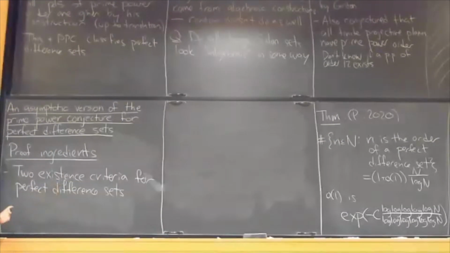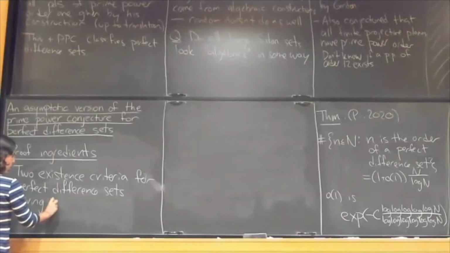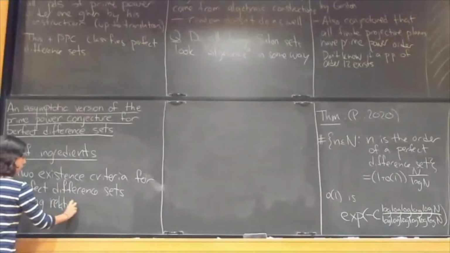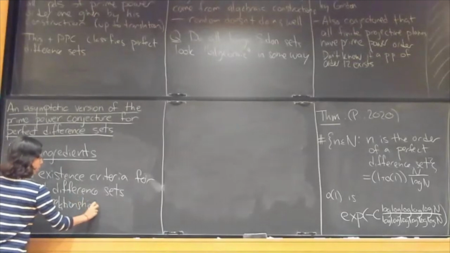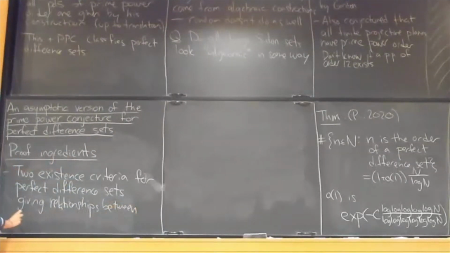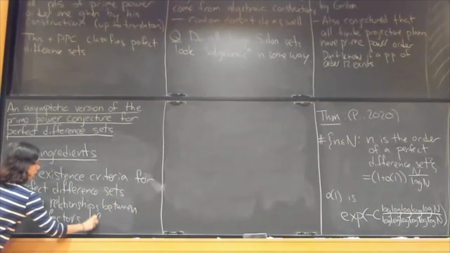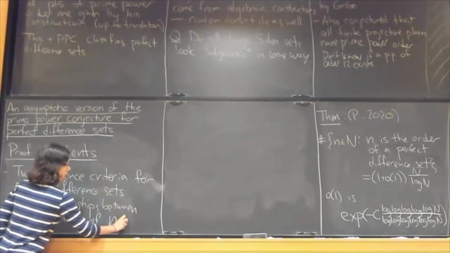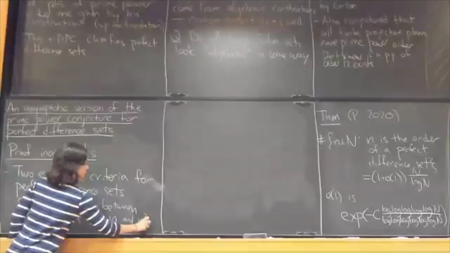So two existence criteria for perfect difference sets giving relationships between the factors of n and n squared plus n plus 1.